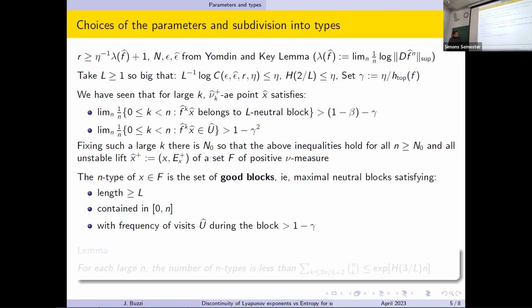Now, when we have a point of F, we define its type up to time n just by saying where the good blocks are. So what are good blocks?